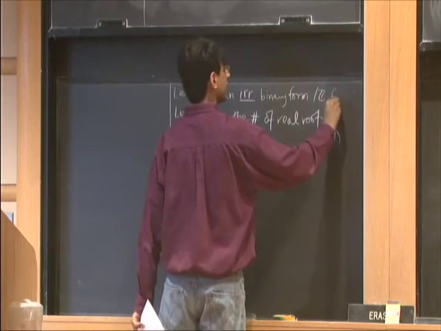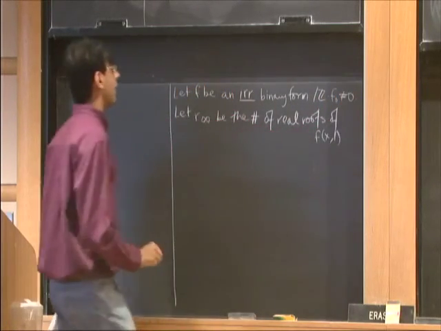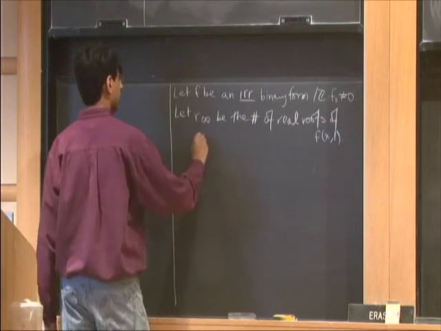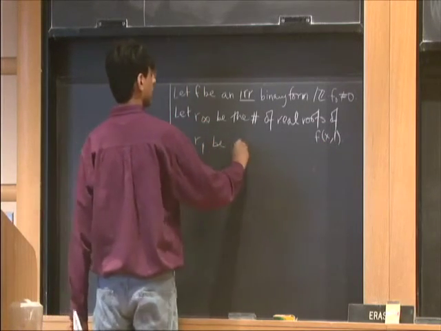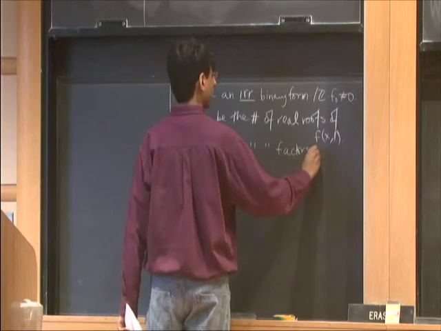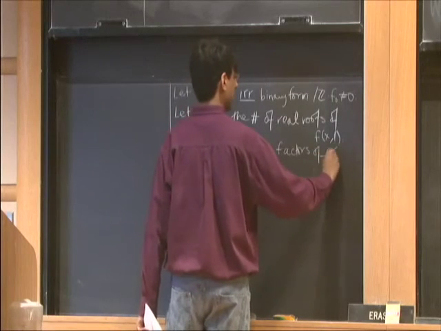Well, let's assume f0 is not 0, just to make this easier. Be the number of real roots of f of x1, and let R sub p be the number of factors of f mod p.